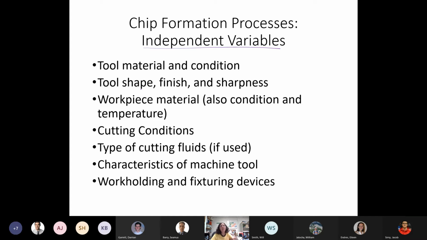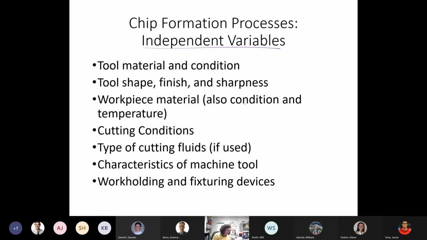The sharpness of the tool is somewhat related to the geometry, but we know that tools go from a sharp point to more of a dull one, and then the finish as well. Now the workpiece material, so the condition and the temperature. In 322 we talked about spheroidizing, which is a very long heat treatment, but a spheroidized high carbon steel is much easier to machine than a quench and tempered one.